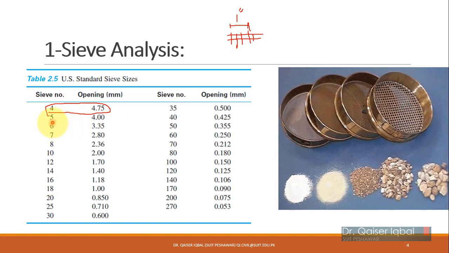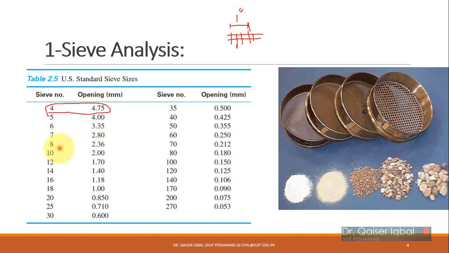Similarly, sieve number 5 means it will have more holes per inch. So if in 1 inch there are 5 holes, the size will obviously be smaller. The opening size in sieve number 5 will be smaller than number 4, and it is 4 mm. Then sieve number 6 will have 6 holes per linear inch, so more holes in 1 inch length, and the size is 3.35.